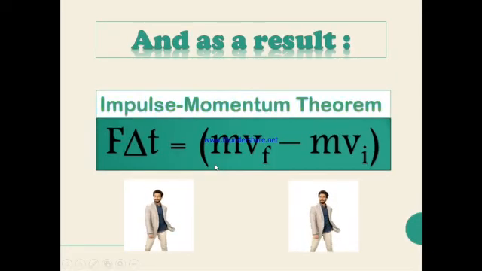So as a final result, this is the impulse, which is force multiplied by time equals change in momentum, which is mass times final velocity minus mass times initial velocity. And this is the impulse momentum theorem. And this is the formula we will use to solve our problems.